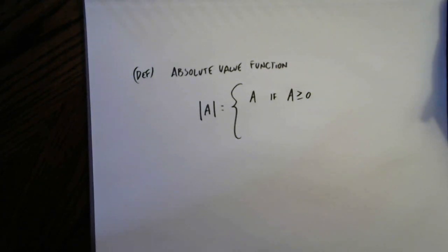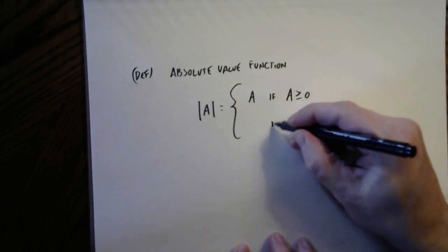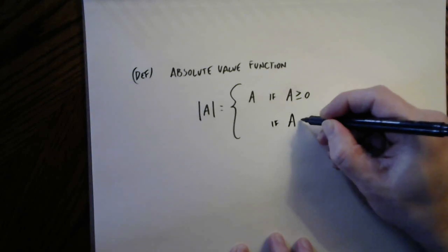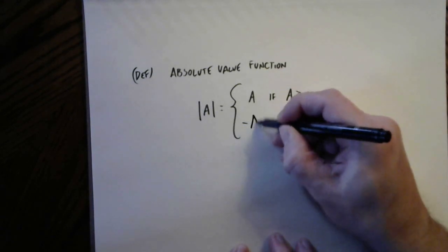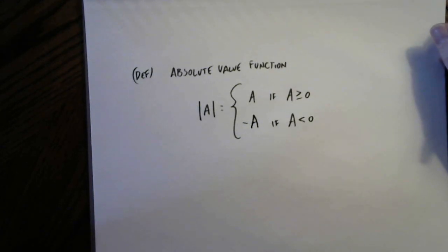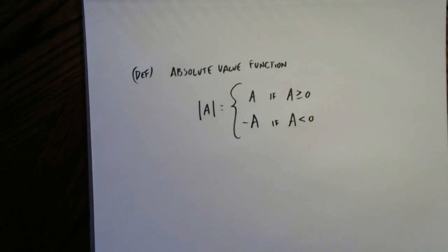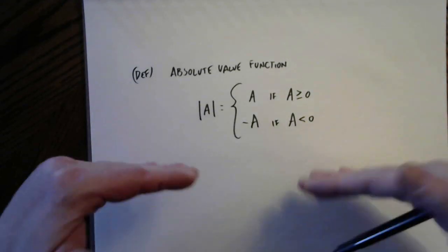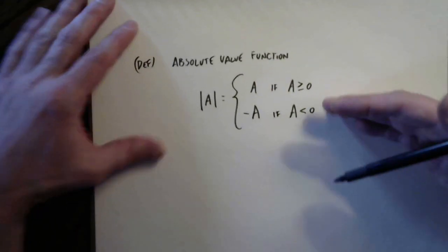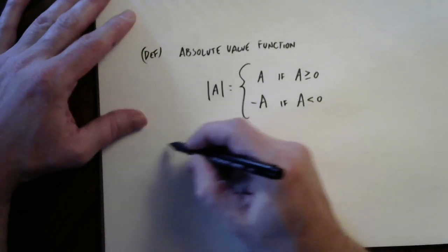In other words, you just drop the absolute values. Well, if what's in there happens to be negative, we're going to negate that, and that makes it positive. Now, this might sound like I'm making the just make it positive thing too complicated, but again, you kind of have to use this approach when it comes to functions. So let me do this example.